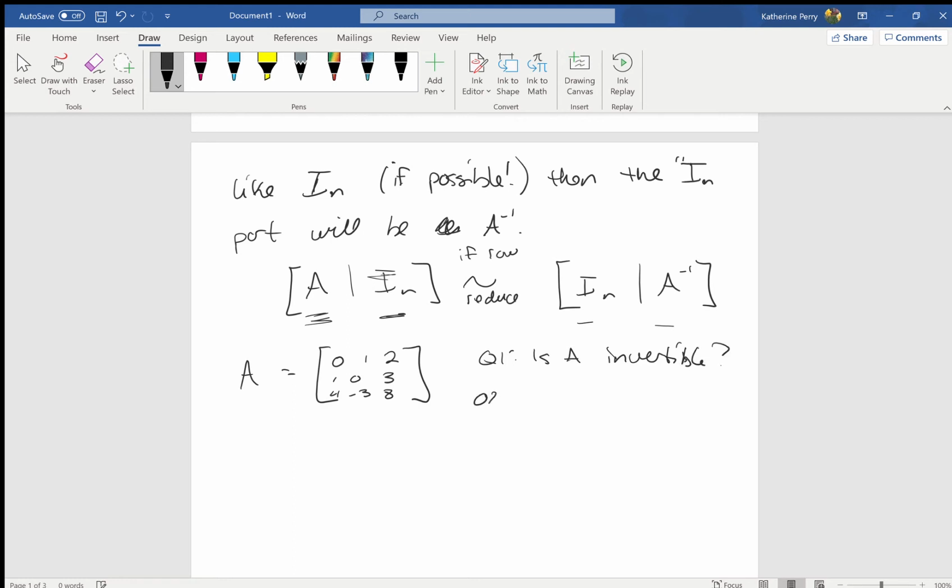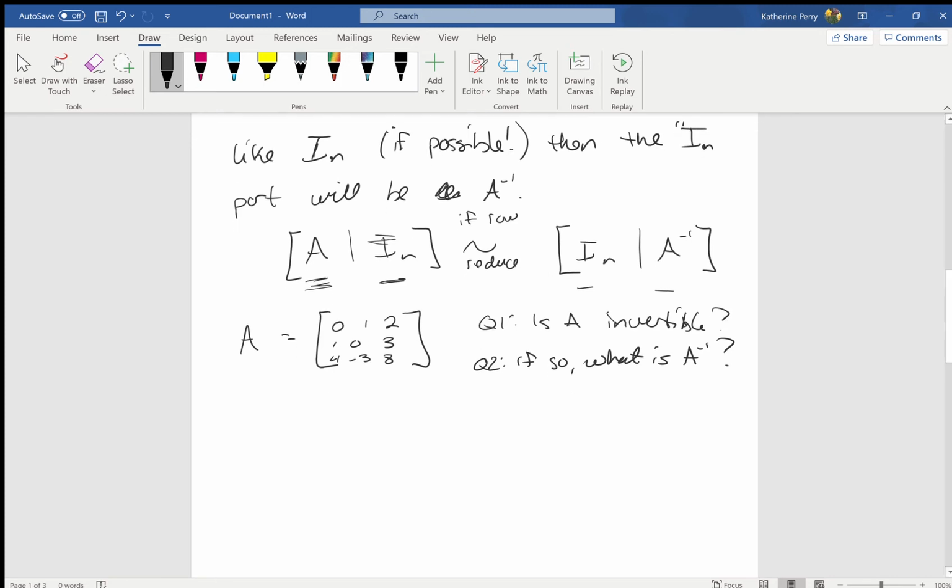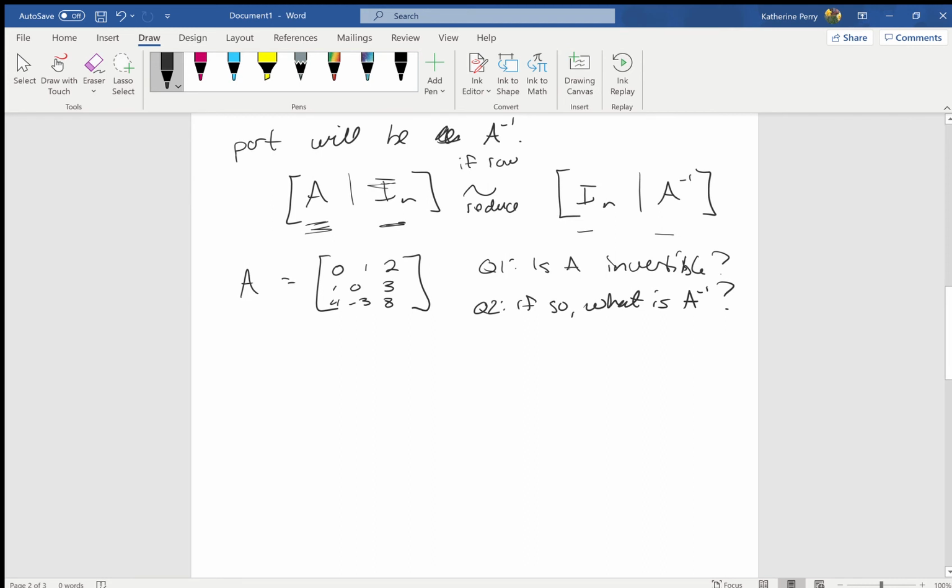And question 2, if so, what is A inverse? We can actually hit two birds with one stone and solve both questions at once.